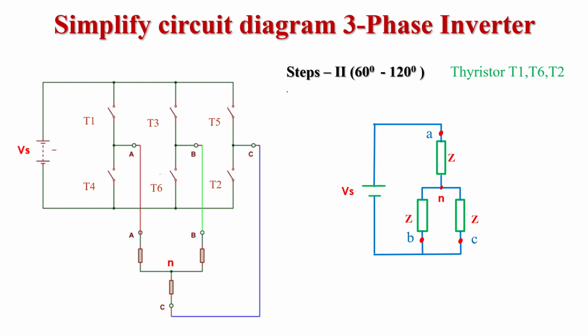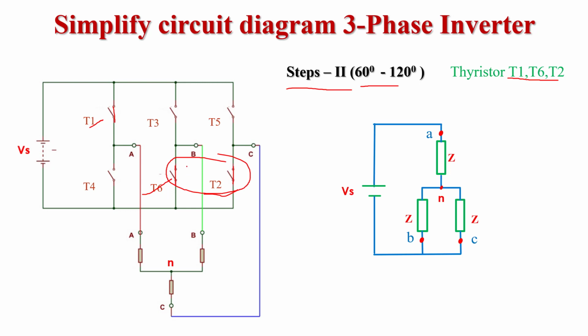Now step 2 is from 60 degree to 120 degree. In this step, T1, T6 and T2 thyristors will be conducting. T1 thyristor, it means this thyristor, T2 thyristor, this thyristor, and T6 thyristor, it means this thyristor. Here we see T1 is a positive group thyristor in series with these two thyristors. These two thyristors are connected in parallel.